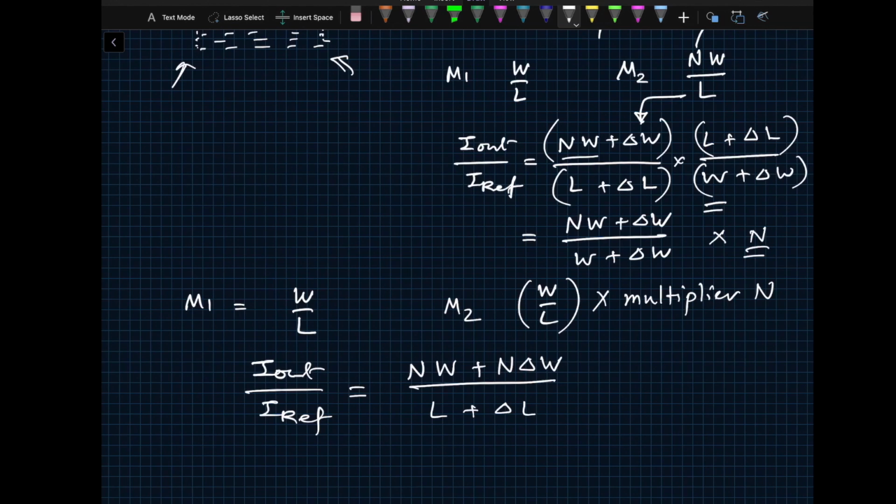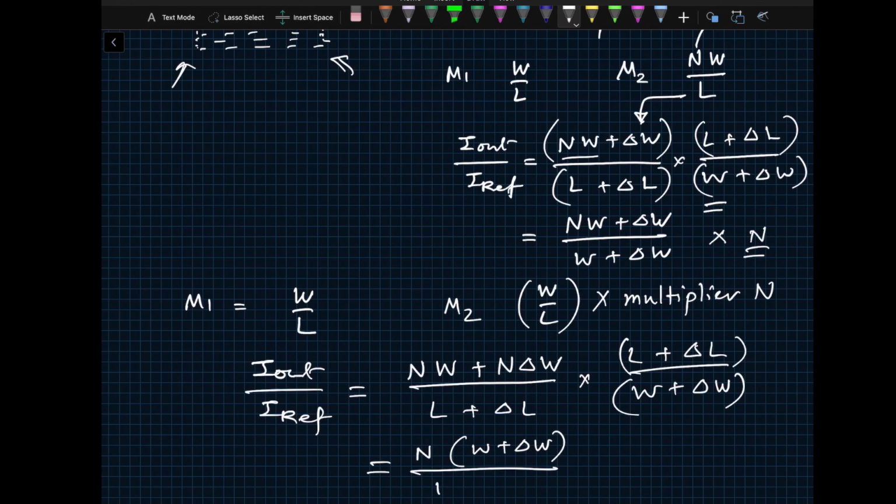Multiplied by L plus delta L, divided by L plus delta L, divided by W plus delta W. Here you can quickly see that I will get N times W plus delta W divided by W plus delta W. So I should get the exact factor N.